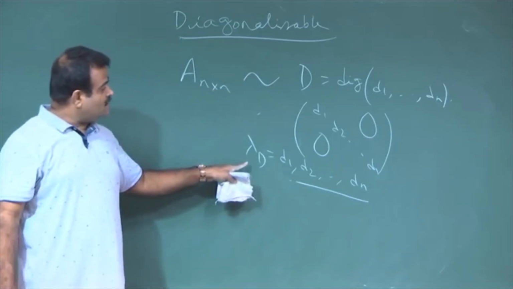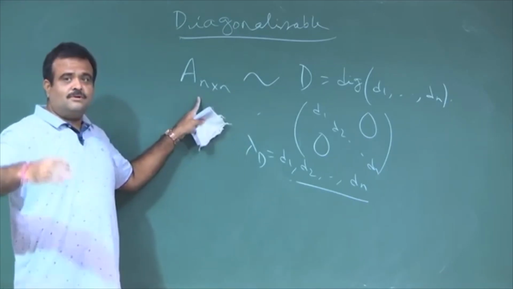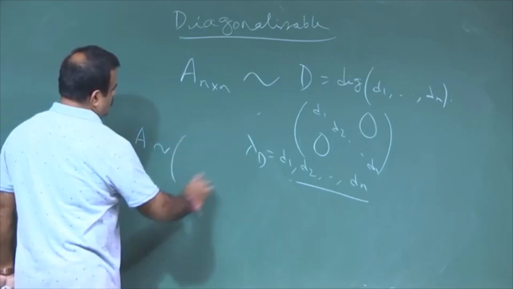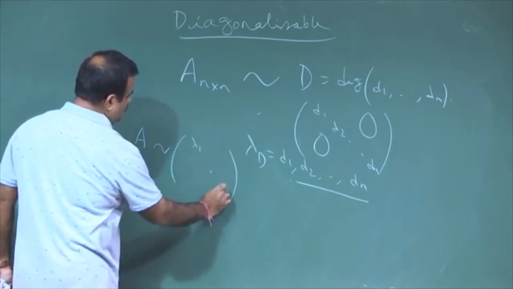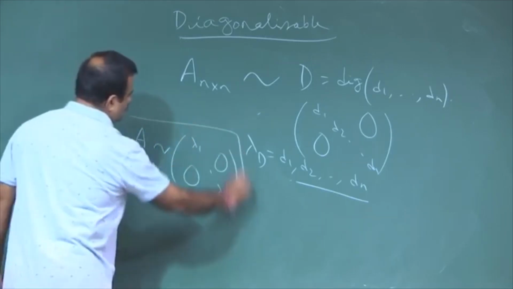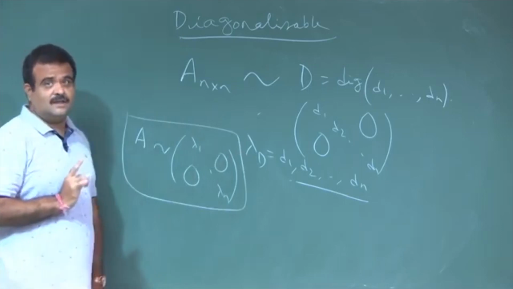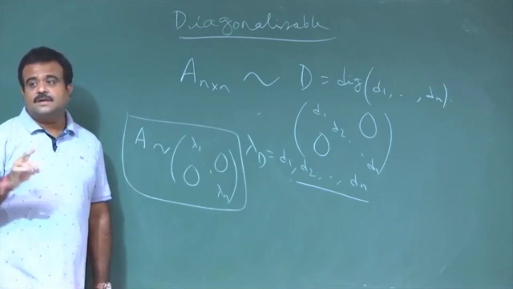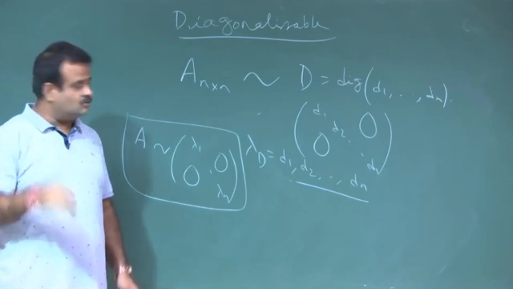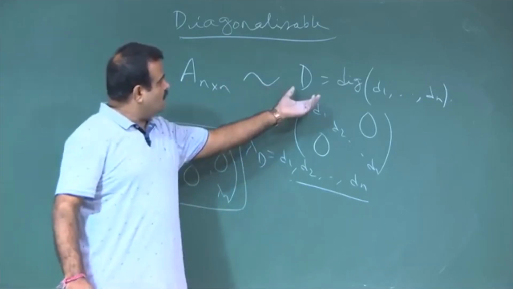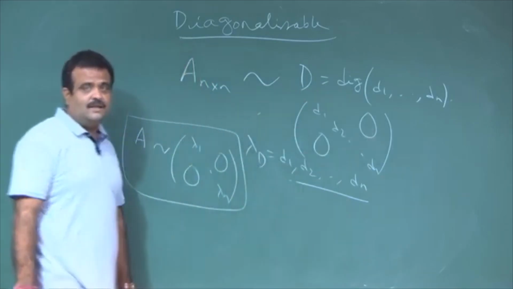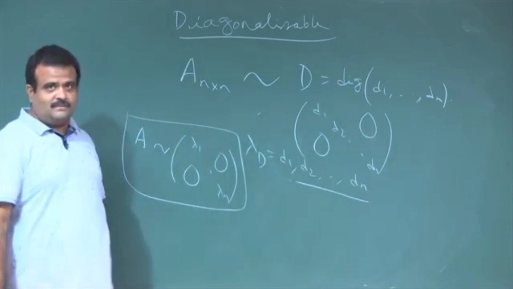So A is diagonalizable to this matrix where we have the eigenvalues in the diagonal elements.